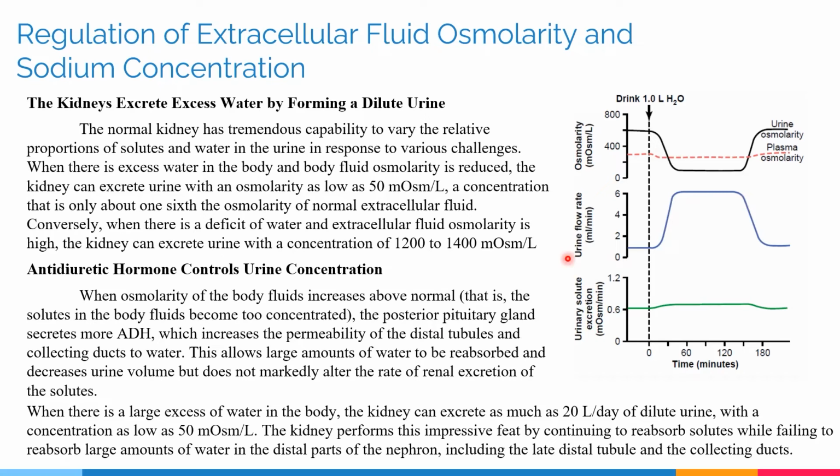And finally, the urinary solute excretion rate, that is the amount of solutes that were excreted, does not alter much or at all even though such huge amounts of urine are being excreted. So the kidney, in regards to the absorption of various solutes, works as well in this condition as it would have under normal functioning conditions.